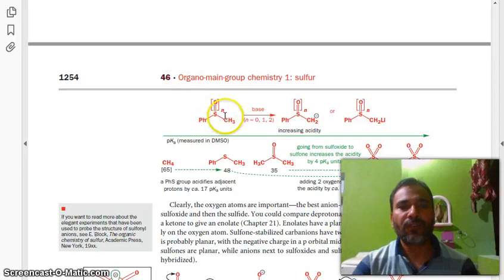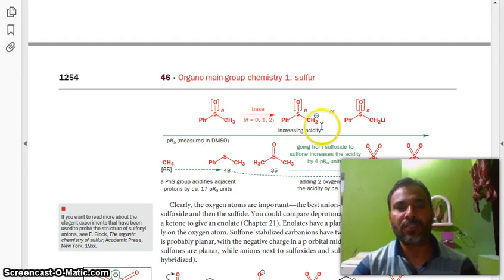Now if you have the S double bond O and you add the base, this alpha carbon, you see CH2, like the CO groups, reacts with lithium, forming CH2Li. So for these different compounds, the pKa measured in DMSO is different.